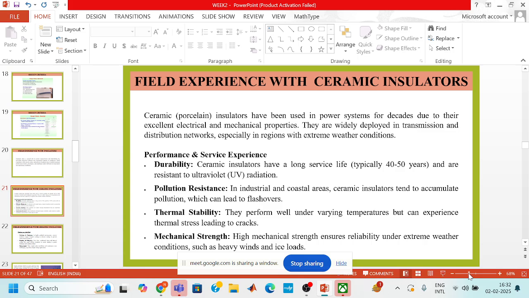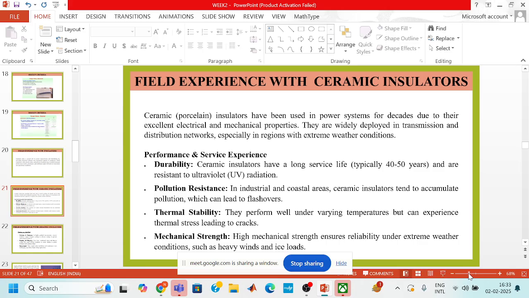As we know, ceramic or porcelain insulators have been used in power systems for decades due to their excellent electrical and mechanical properties, and they were widely deployed in transmission and distribution networks, especially in regions with extreme weather conditions. In terms of field and service experience, there are four characteristics. First, it is very durable. Ceramic insulators have a long service life, typically 40 to 50 years, and are resistant to ultraviolet radiation.